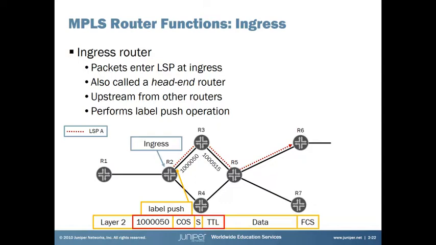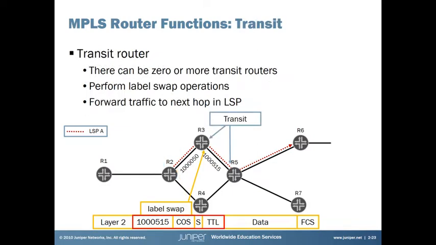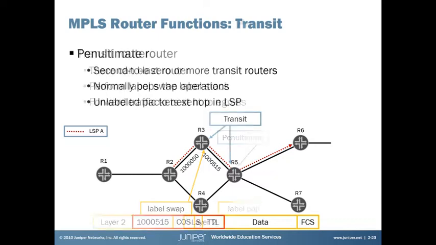It does a push operation, and then as it goes through, we get to the transit routers, which are the ones in between the ingress and the penultimate. In fact, penultimate is also a transit router, so really in between the ingress and the egress. And it'll do a swap operation, or it may do a pop operation, depending on where it is.